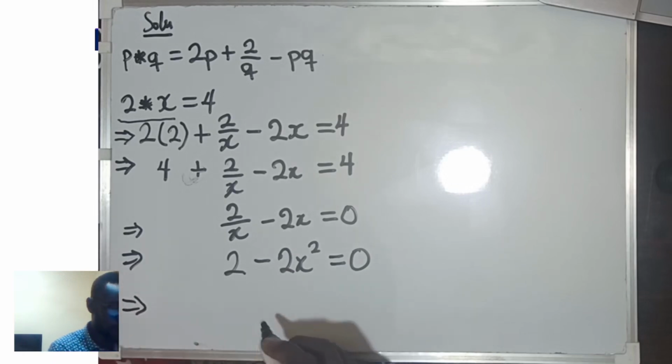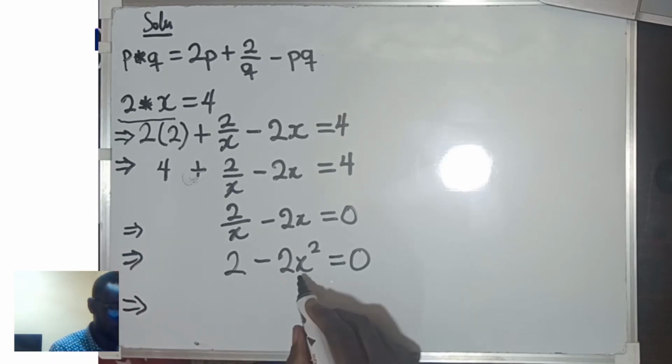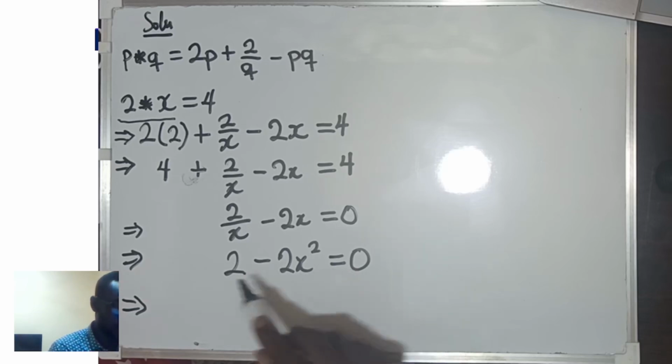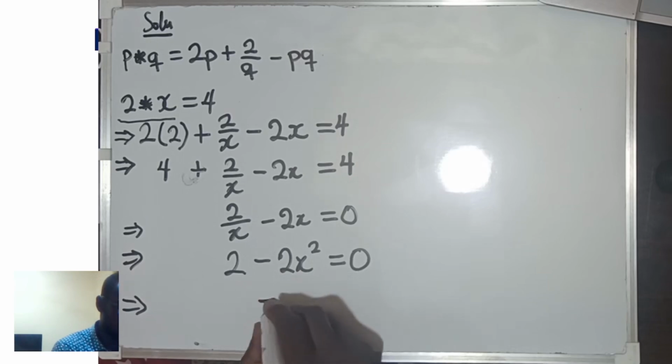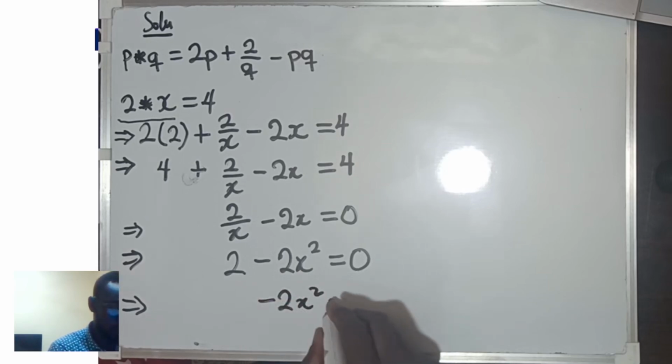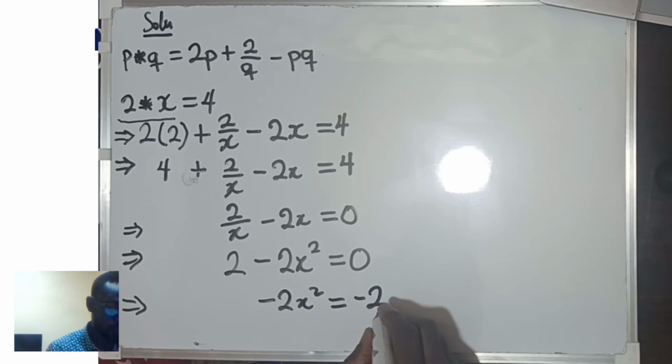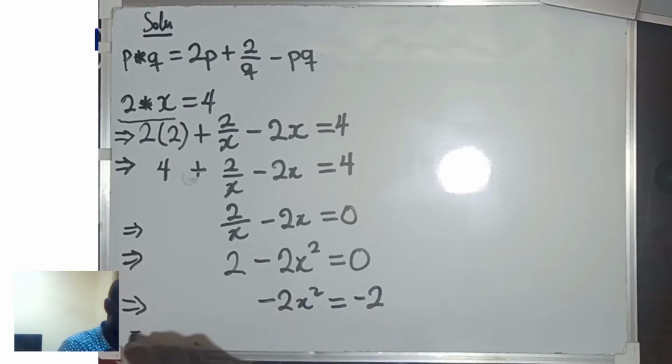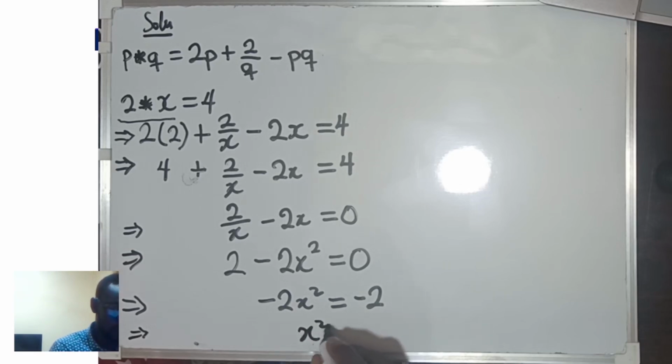Alright, so now we have 2 minus 2x squared is equal to 0. Since this is 2x squared, it means we can bring the 2 here, so that we have minus 2x squared equals minus 2. And since the negatives are here, they will just cancel out, so that we have x squared equals 1.